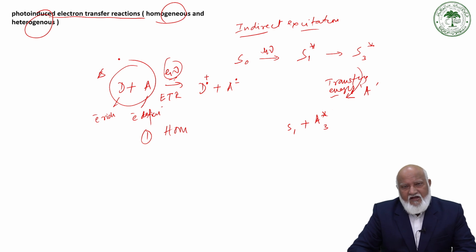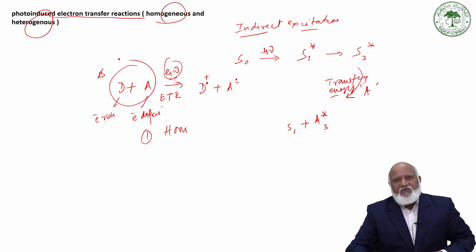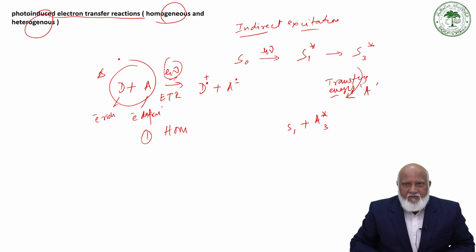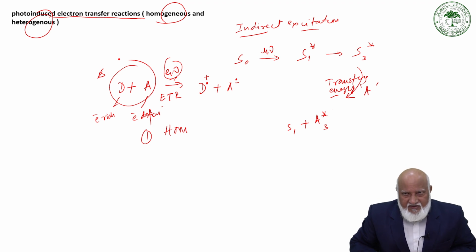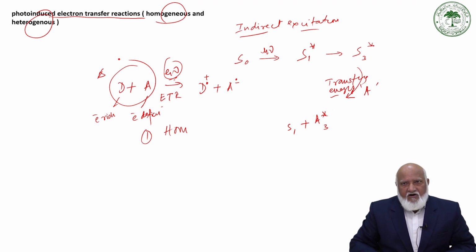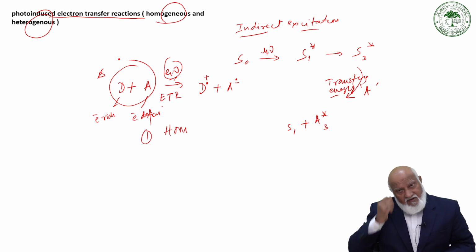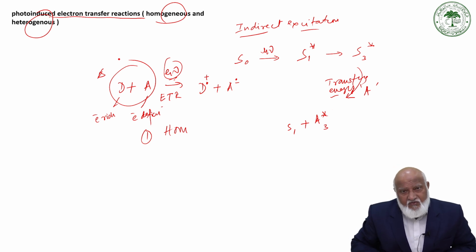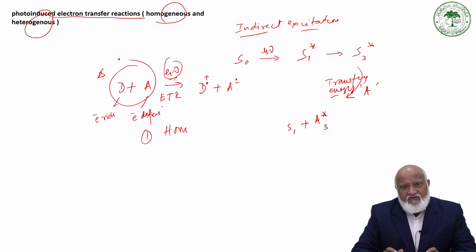For example, a lot of photoinduced electron transfer reactions have been studied with an amine and an alkene, or an alkene with dicyanoanthracene. Both donor and acceptor are soluble in whatever solvent we take, like acetonitrile, benzene or methanol. So it is a homogeneous mixture, a single phase reaction.